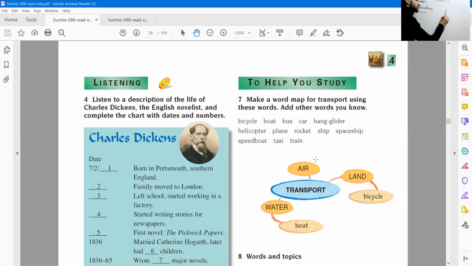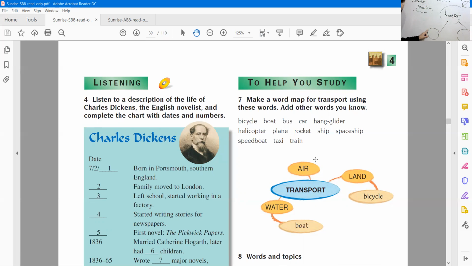Okay, transport. For example, let me just make one line from here. Okay, this is air. Or you cannot see, that's okay, it's like this.